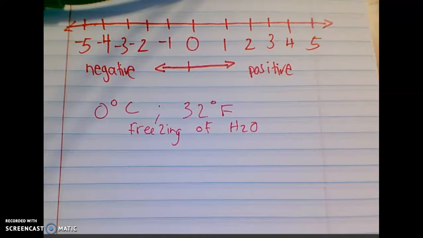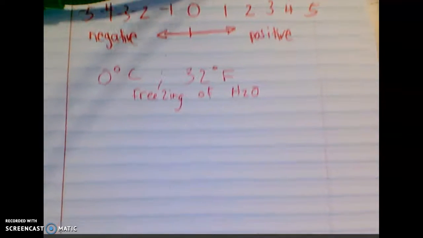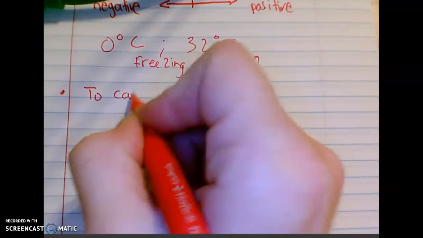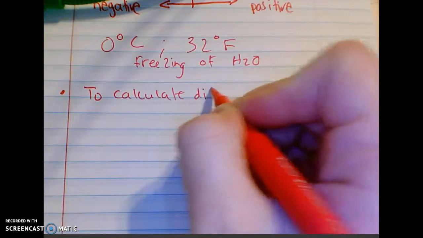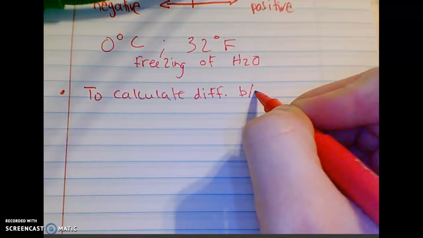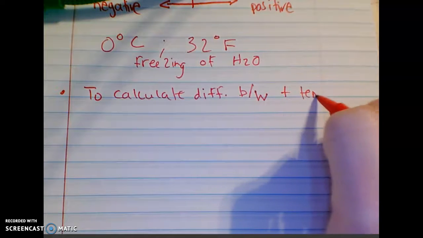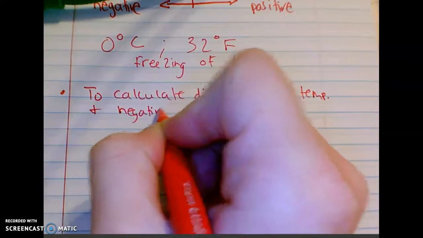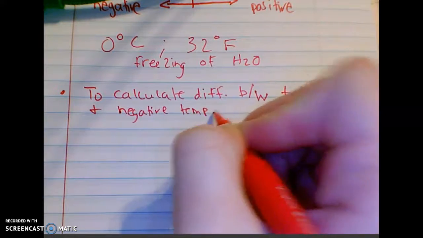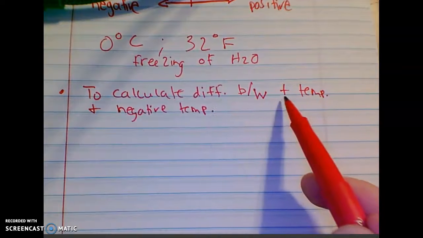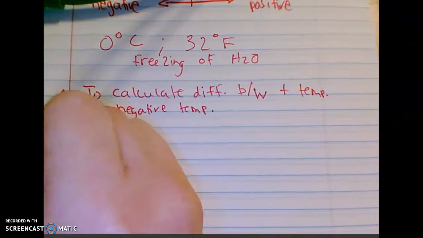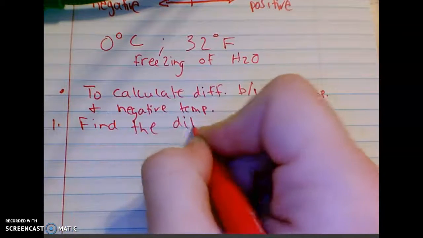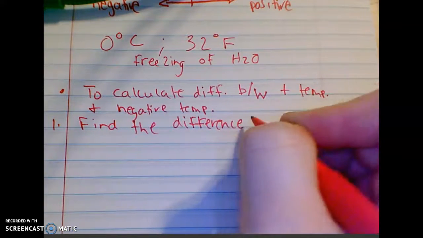So to calculate the difference between a positive temperature and a negative temperature, we're going to do 3 things. I will jot this down. You are going to first find the difference. That's an indication for subtraction.